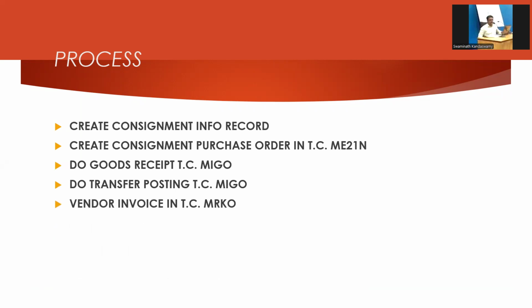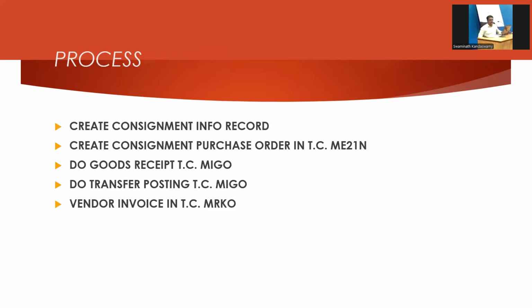Okay. Next, they may ask you what is the movement type. Normally 101. Once you do this third step, it becomes consignment stock.